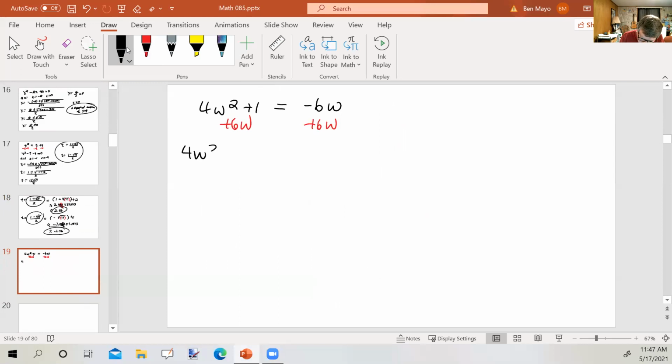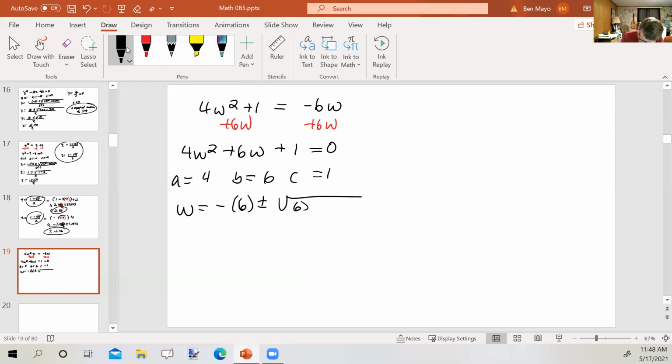I get 4w squared plus 6w plus 1 equals 0. So now it's in standard form. A is 4, B is 6, and C is 1. So W equals negative B plus or minus the square root of B squared minus 4AC all over 2A.